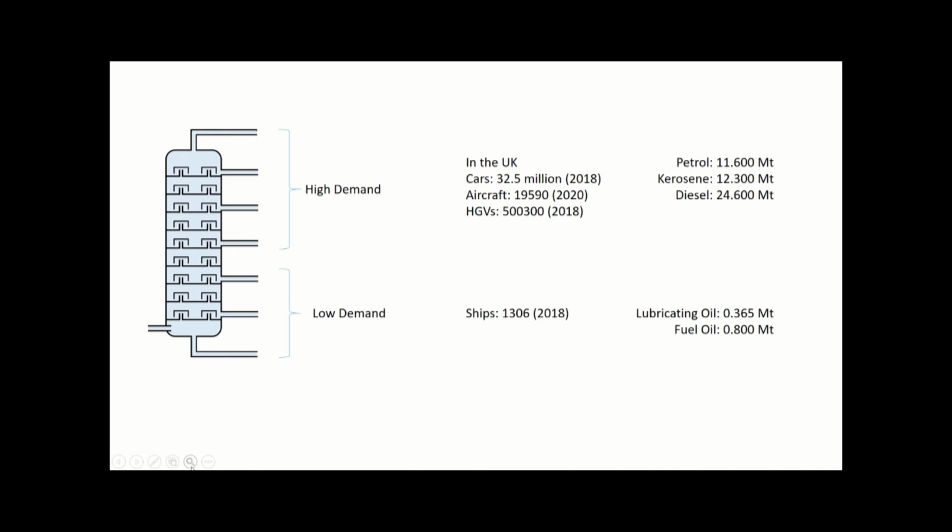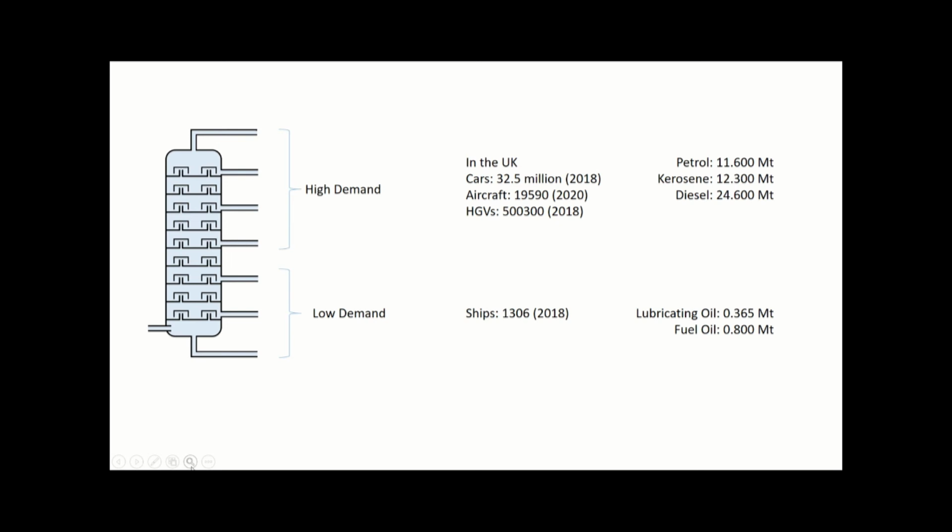And the fuel oil, this is for shipping. And these are government statistics. You can go and look them up on the website. These are all from 2018, these ones, the quantities. Again, 0.8 million tons, so not even a million tons of fuel is used for shipping in the UK in 2018 anyway. So you can see that there's an awful lot more petrol, kerosene, and diesel being used.